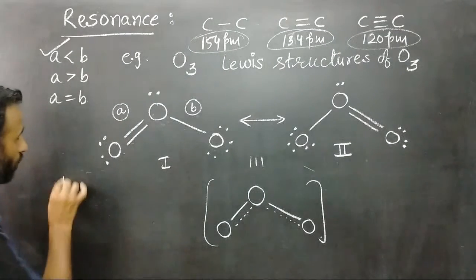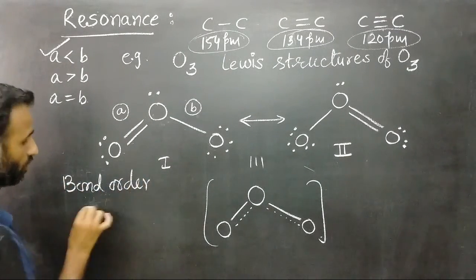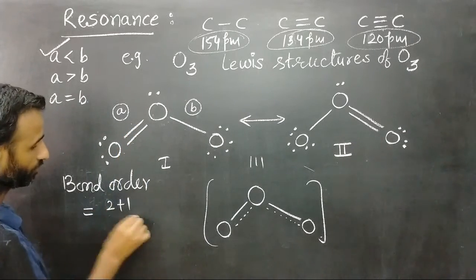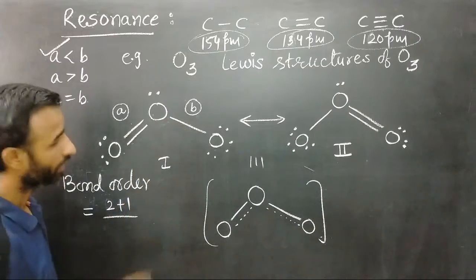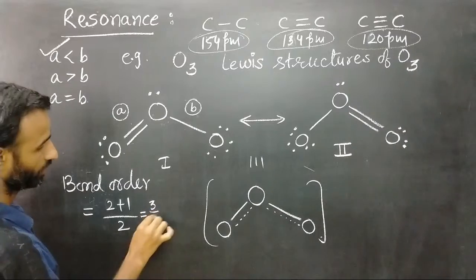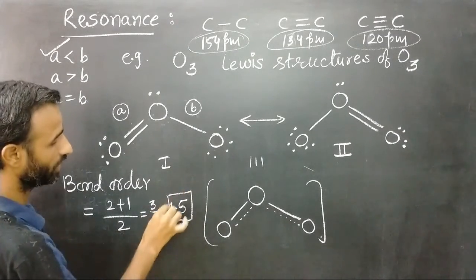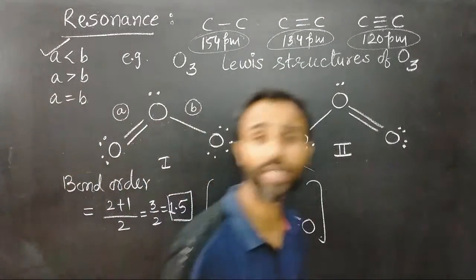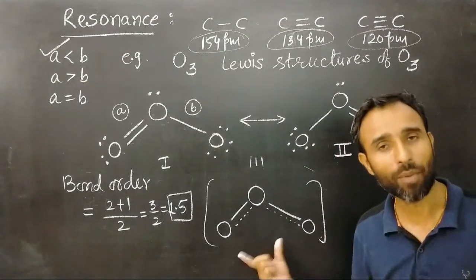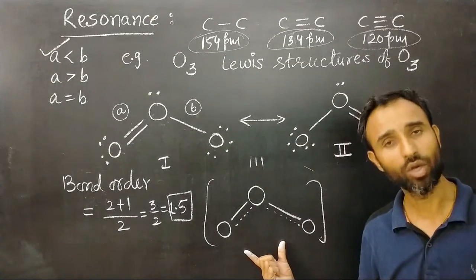And to calculate bond order, it is equal to bonds between two atoms, 2 plus 1 divided by 2 positions. That means its bond order is 1.5. It is neither 2 nor 1. It is 1.5. That's why. But this type of structure cannot be represented by a Lewis structure.